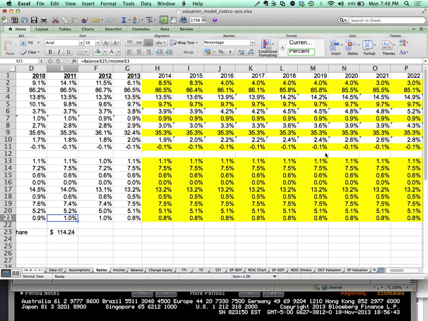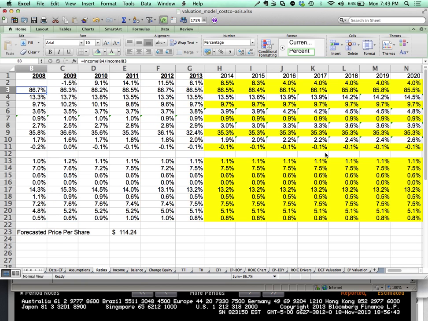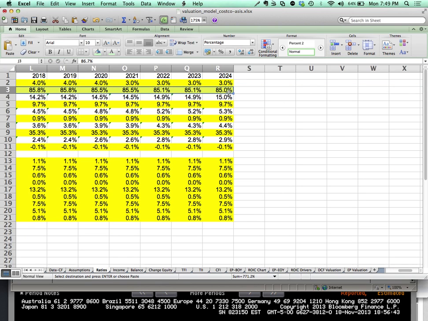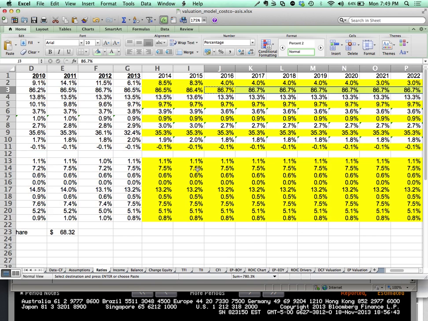And if Costco's margins worsen a little bit, because in some of these years they were at 86.7, they weren't at 86.1, and so if they go back to 86.7 and their growth slows, yikes. I do not want to own Costco.